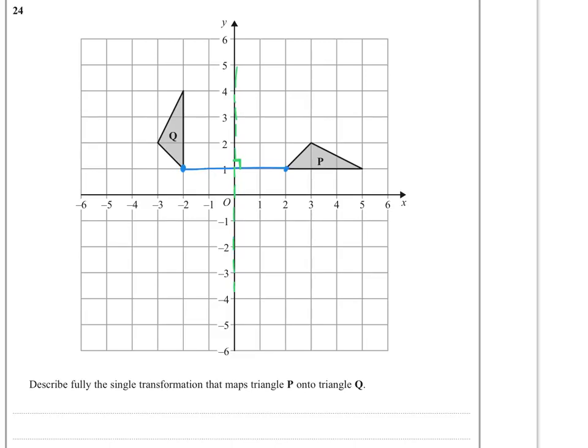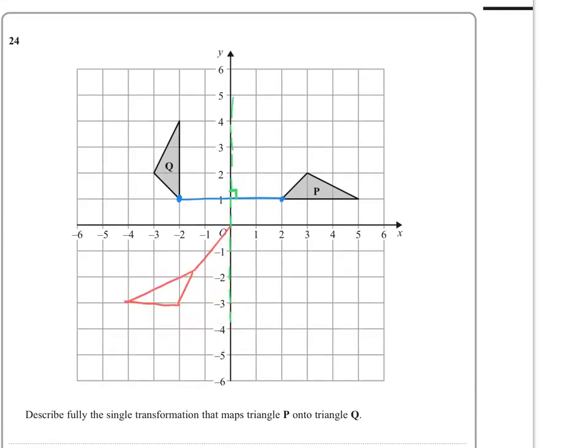Now, a lot of students thought that it was this point here, and if you use your tracing paper, it will just not work. So we can test that out. Let's have a look if that works. And you can see it doesn't quite work. So there's P, and if we turn it around to Q, we can go clockwise or anti-clockwise.